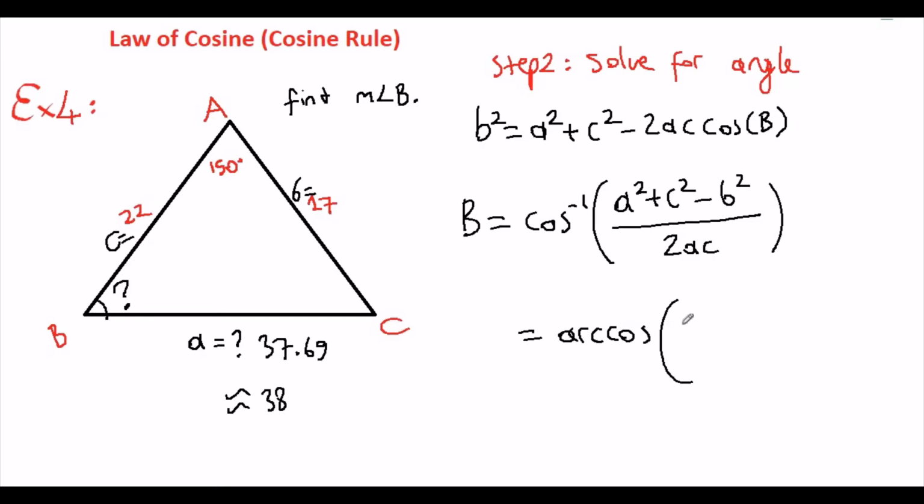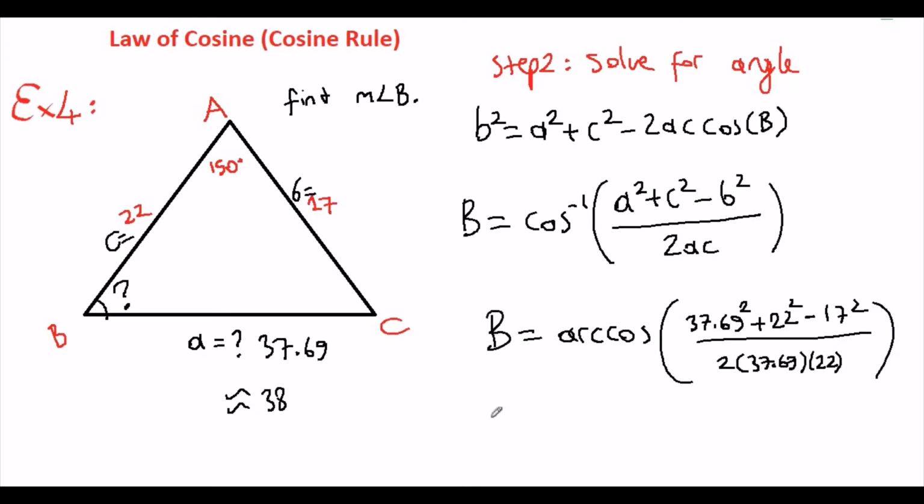Our a value is 37.69, our c value is 22 and our b value is 17. 2 times 37.69 times 22 wrapped in arc cosine. So that's going to be our angle B in degrees.